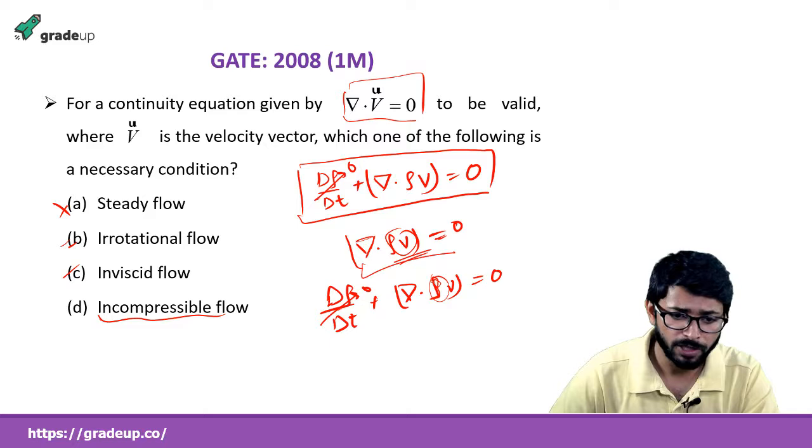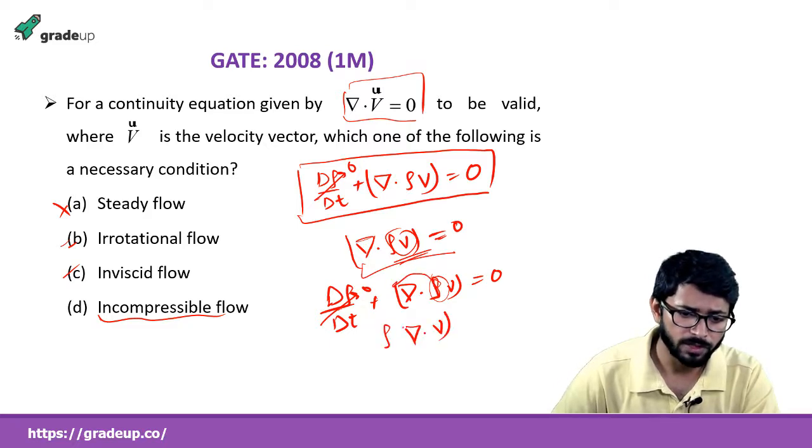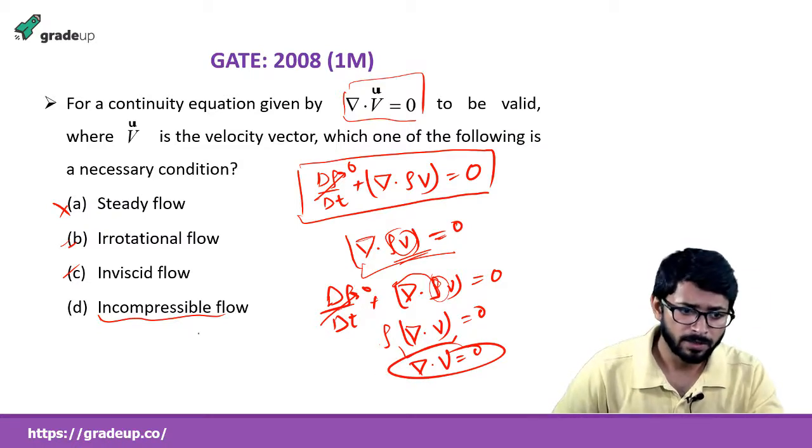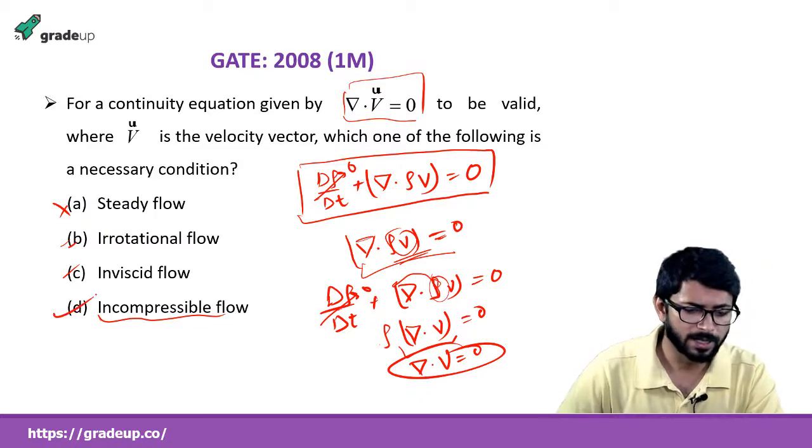So we can take the density outside. So it will be del dot v equal to 0. Density is obviously not 0, so this term should be 0. This is the equation of continuity for incompressible flow. So option D is correct.